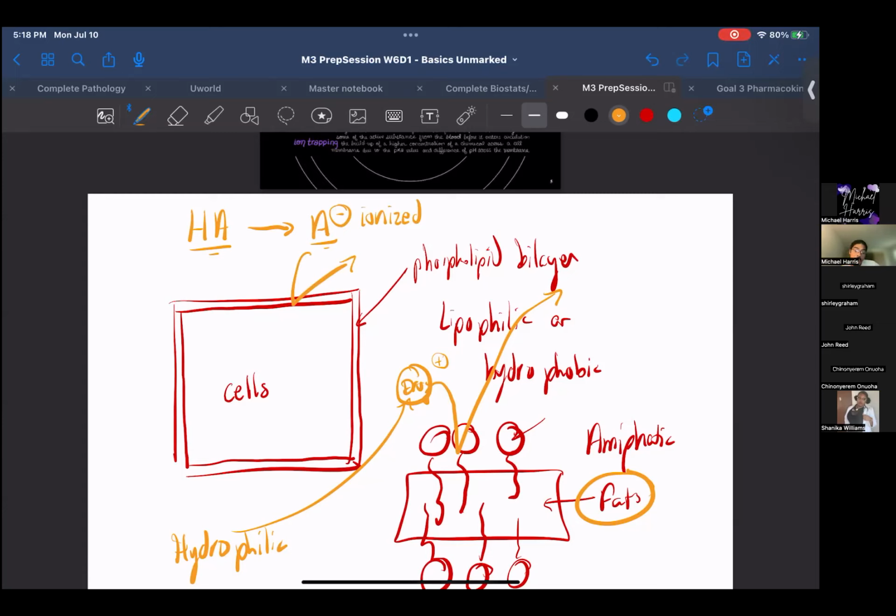This is what is known as ion trapping, because the cell cannot allow this drug to pass the phospholipid bilayer, while this one can easily pass through the cell.